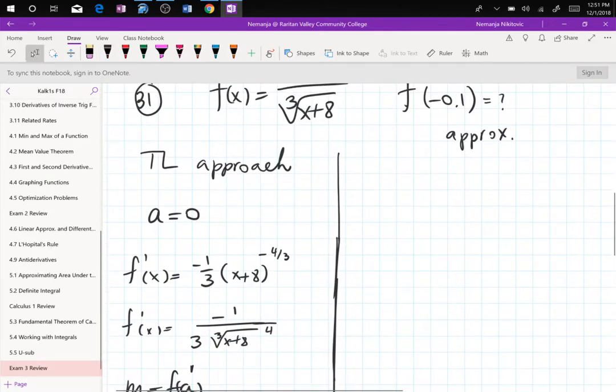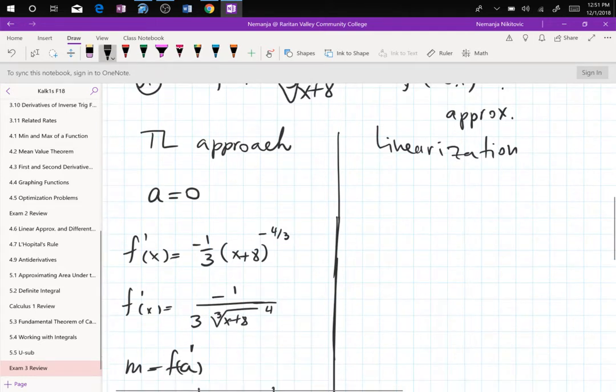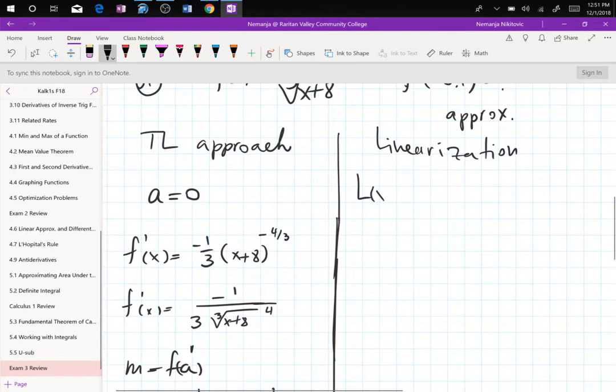So this is linearization. We have L of x is equal to f of a plus f prime of a times x minus a. So you are responsible for this formula.